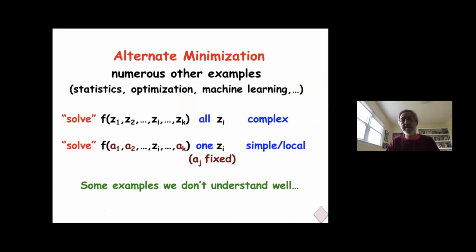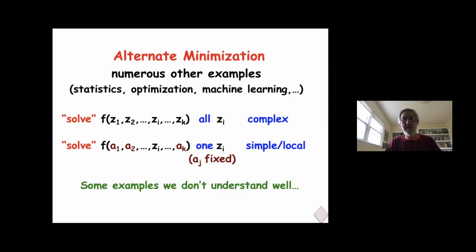This is a difficult, maybe non-convex problem, but in many of these cases, if you fix all but one coordinate and just try to optimize or sample or solve the problem in just this one coordinate, then it becomes very simple. So it's all over the place, and in many cases we just use it because that's what we can do, but we don't understand if it converges or converges fast.